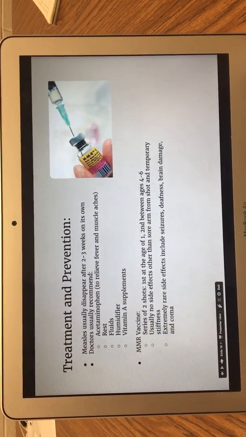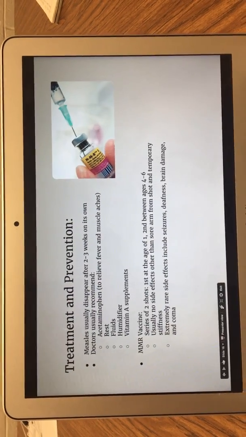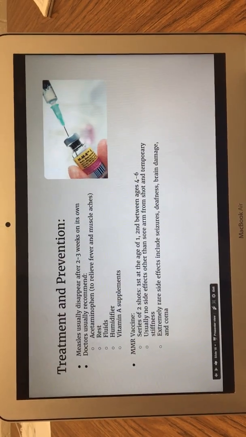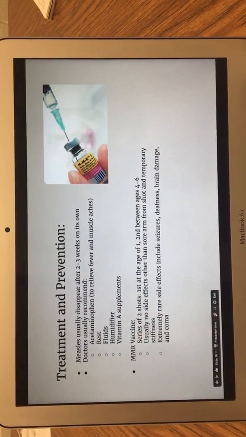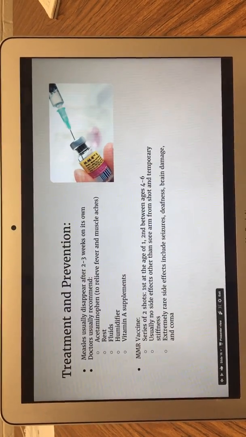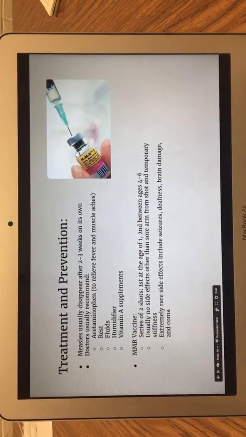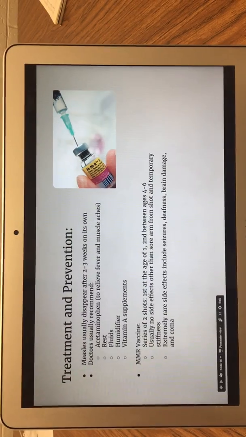What doctors usually recommend if someone has already contracted the measles virus is acetaminophen, to lower their fever and to help with the muscle aches that come.